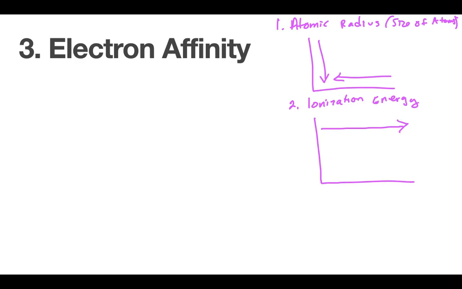I like to think of ionization energy and the first one I'm going to talk about after this, electron affinity, as the ease or difficulty with which you either remove or add an electron. And that difficulty is measured by the energy that's required. So if more energy is required, it's more difficult to remove an electron from a neutral atom.